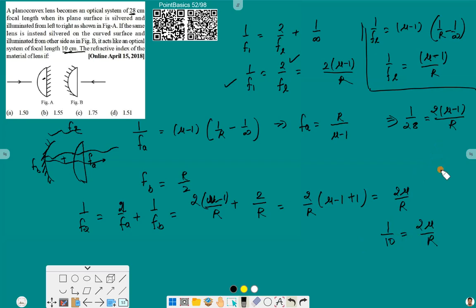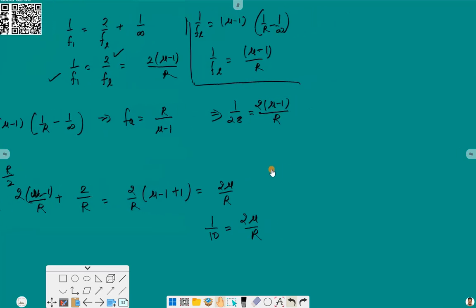So 1 by 28 divided by 1 by 10 will be equal to twice of mu minus 1 by r divided by twice of mu by r. So the 2 gets cancelled and r gets cancelled. Here we will get 5 by 14 is equal to mu minus 1 by mu.